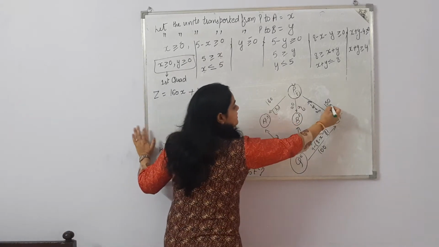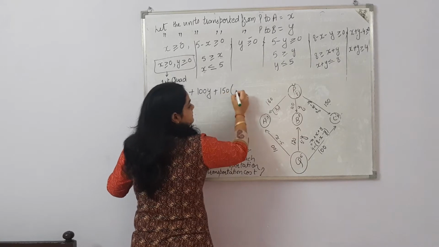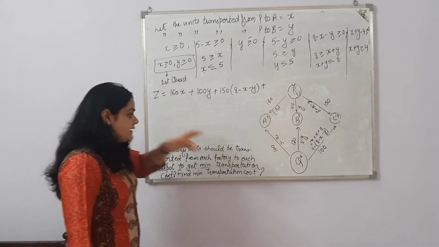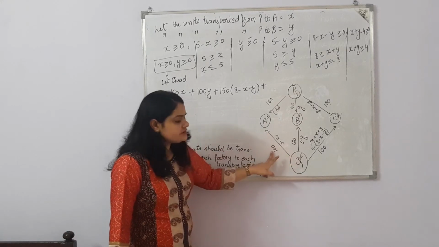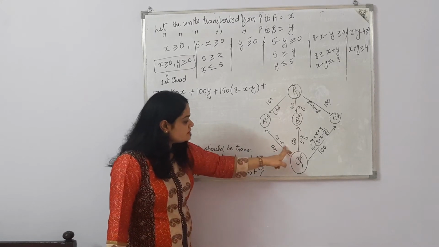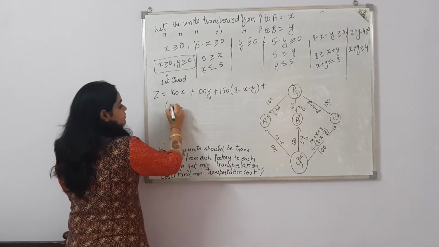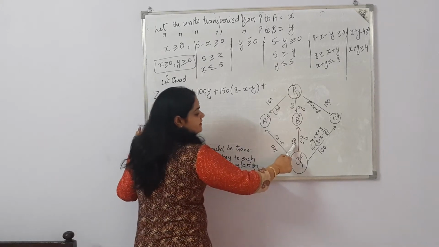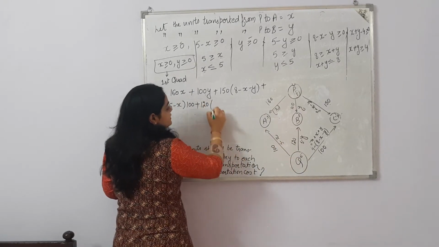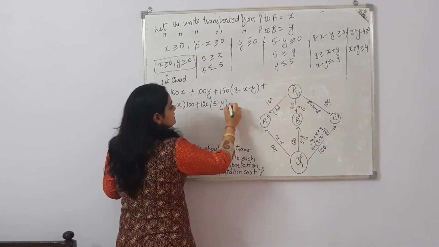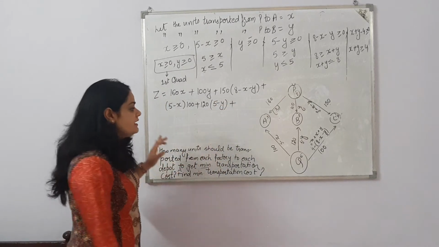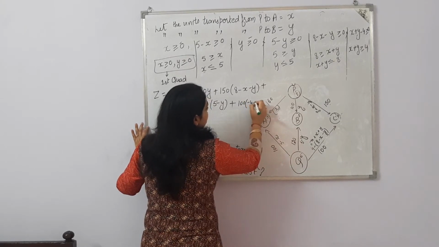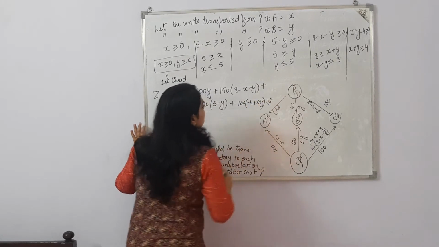Here the total cost will be 150 into 8 minus x minus y, plus, here the transportation cost is 100 for each commodity, and total commodities transferring are 5 minus x, so 5 minus x into 100, plus, here it is 120 rupees for each commodity. The total commodities are 5 minus y, so 120 into 5 minus y. And here we have to multiply 100 into minus 4 plus x plus y.